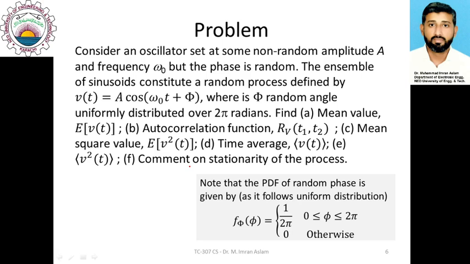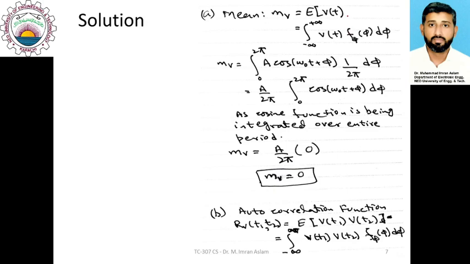So the first part is to calculate the mean. The mean is given as the expected value of V(t), and by definition we know that the expectation is calculated by multiplying the function with the PDF and integrating it over the desired range, the range where the random variable exists. For our case, this distribution is given as 1 upon 2 pi in the range of 0 to 2 pi.